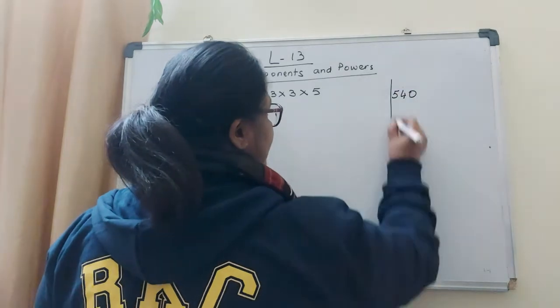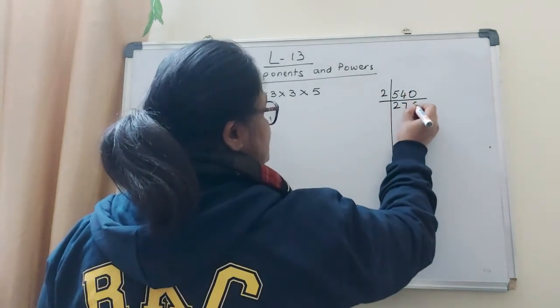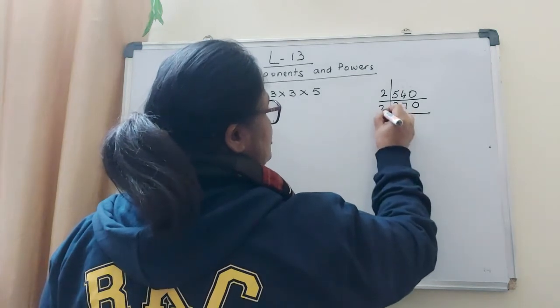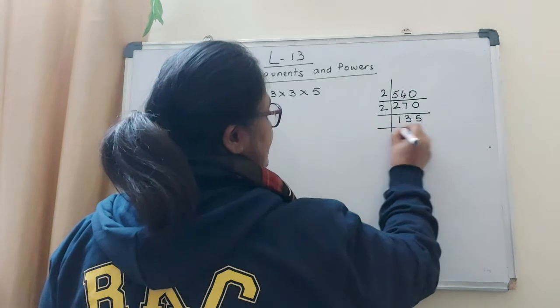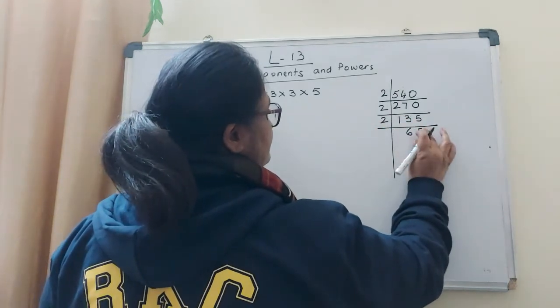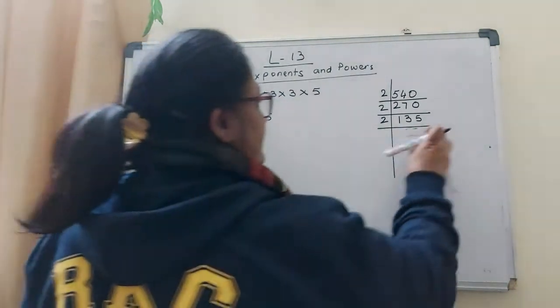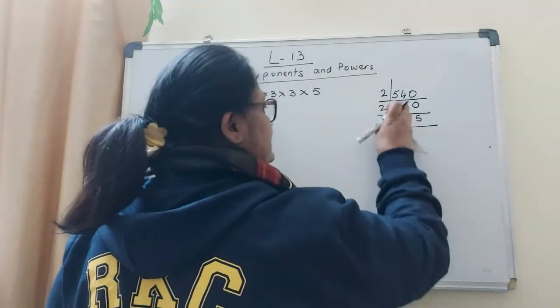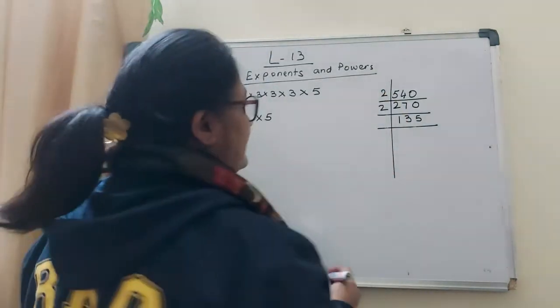540 divided by 2. 2 twos are 4, 2 sevens are 14. Again with 2. 2 ones are 2, 2 threes are 6, 2 fives are 10. 2 sixes are 12, 2 fives. Sorry, look at me. This is an odd number. 135 is an odd number.